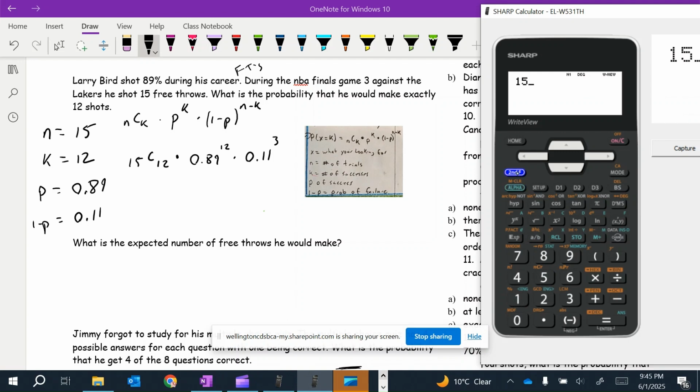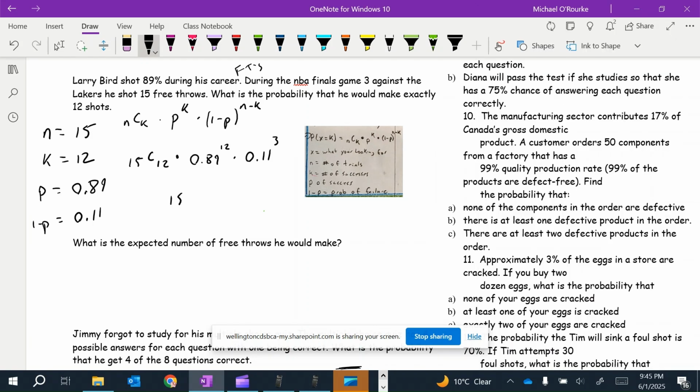So 15 choose 12 times 0.89 to the power of 12 times 0.11 to the power of 3. So there was a 15% chance of him hitting exactly 12 of 15 free throws.